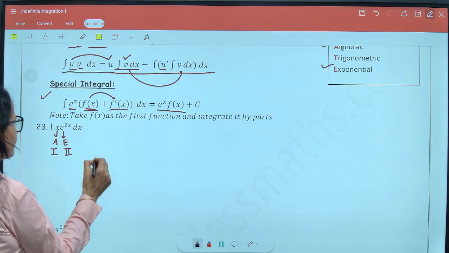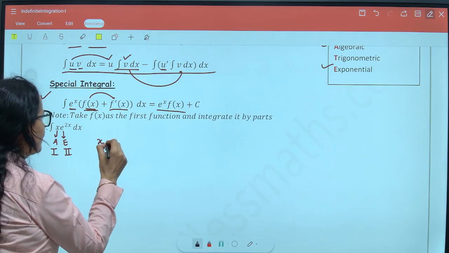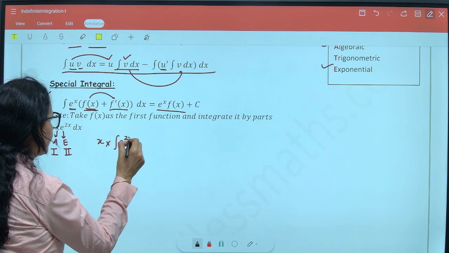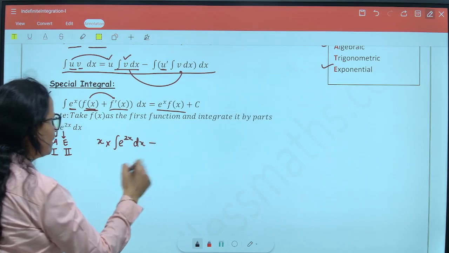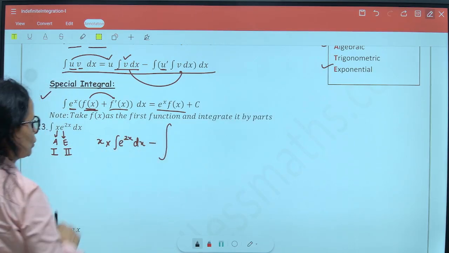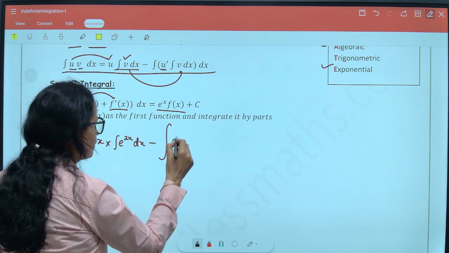So first function as it is, first function into integral of second. Here you make this integral sign a little smaller, integral of second, minus, and make this integral sign a little bigger because this has to be inside this also: integral of derivative of first, d by dx of x.